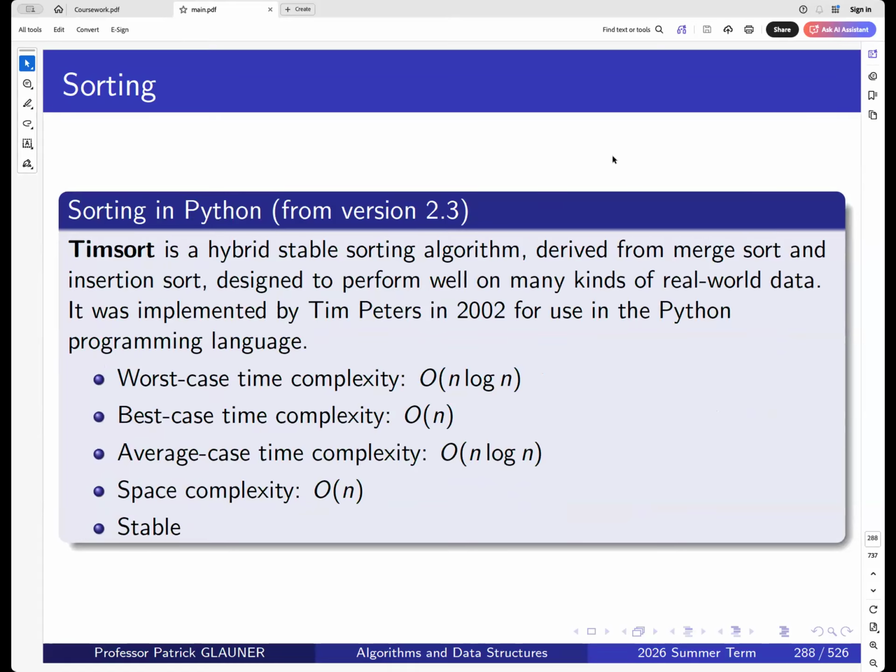So we use Python in this course, and what kind of sorting is used in Python? So we have implemented quicksort and merge sort on our own, and even though these are initial implementations, they are still extremely slow.